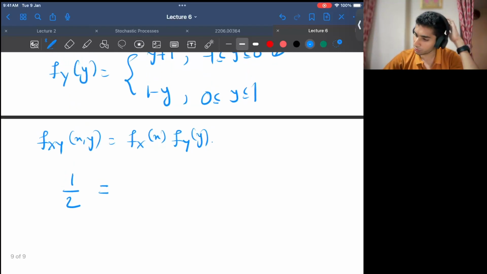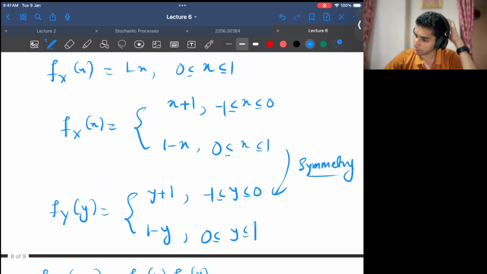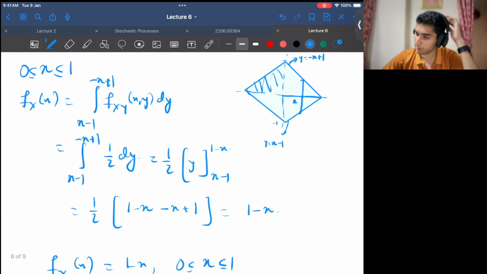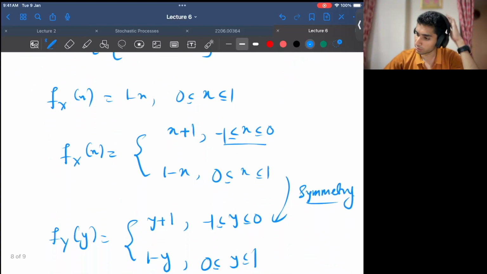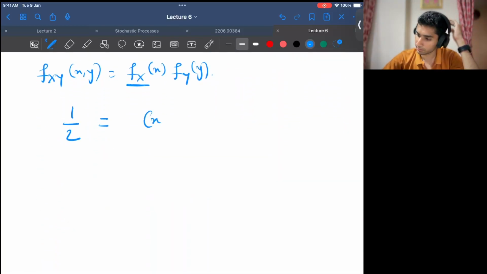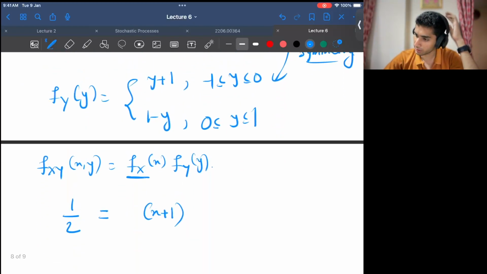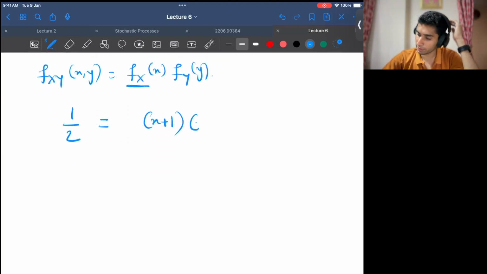What is the value of fx of x there? It's between minus 1 and 0. So x is between minus 1 and 0 in this region, right? So it will be x plus 1, right? And what is the value of fy of y? Y is positive there, right? So it's 1 minus y. So you can see that these two are not equal, right?